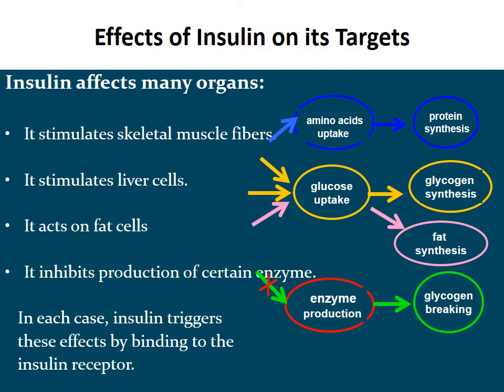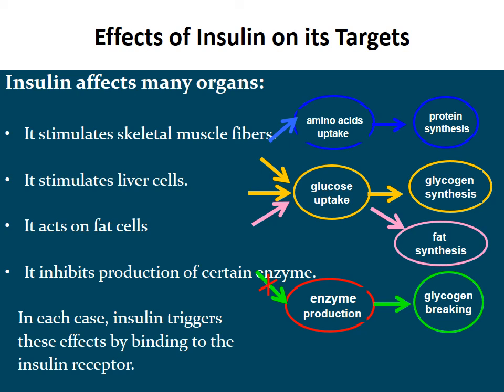Effects of insulin on target cells, as we said before: it stimulates skeletal muscle fibers, increases amino acid uptake, and stimulates protein synthesis. In liver cells, it stimulates glucose uptake to be stored as glycogen in the liver or as fat in the adipose tissue.